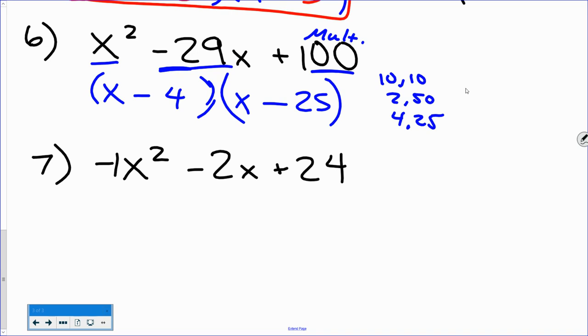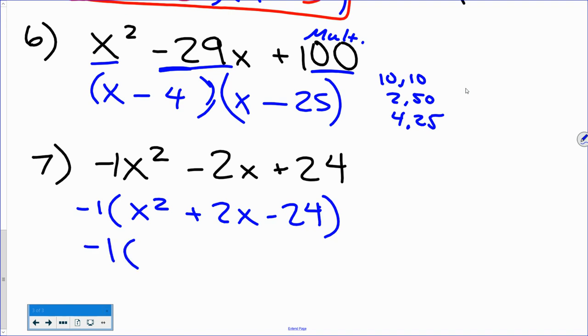It's going to be easier for you to factor the next step if you divide everything by a negative 1, so I'll change all of my signs. Otherwise, I would have had to set up in my parentheses a negative x and a positive x, and then I have to do a lot more guessing and checking to put the correct numbers in place. So my suggestion is to always pull that negative 1 out. It will help you with other problems we do later this quarter as well.